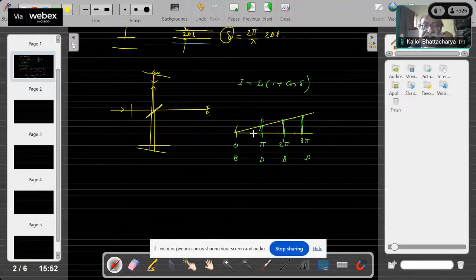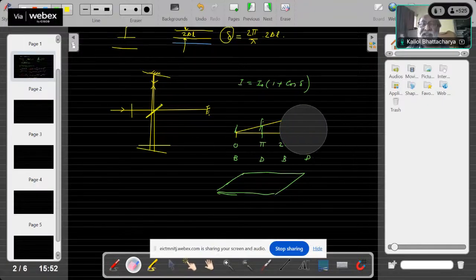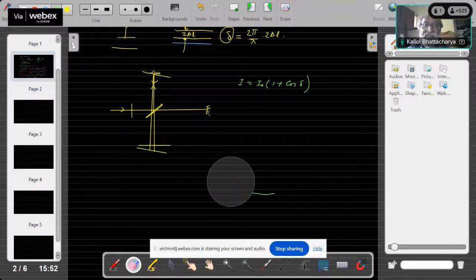But then on the screen, suppose this is my screen, the wavefronts are interfering here. Let me draw it once again.